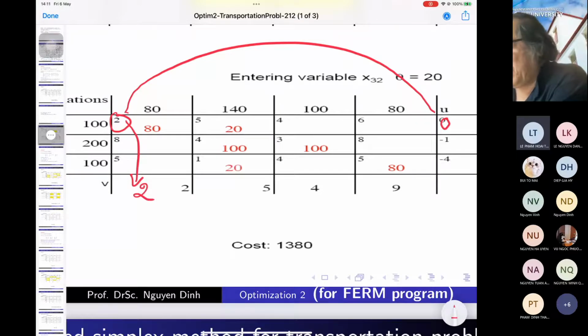So this should be 2. Is that okay? So V1 is 2. V1 equals 2. And that is a V2.